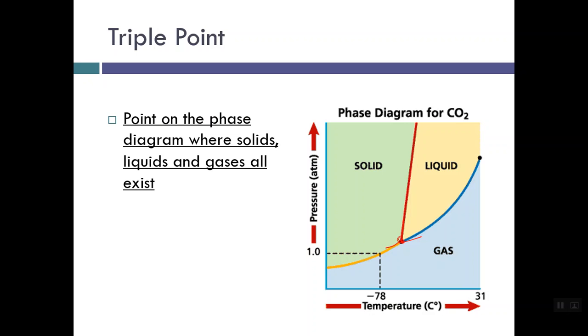It's going from a solid to a gas, gas to solid, solid to liquid, liquid to gas. All these phases are happening at the same time. They all exist. And that is the triple point.